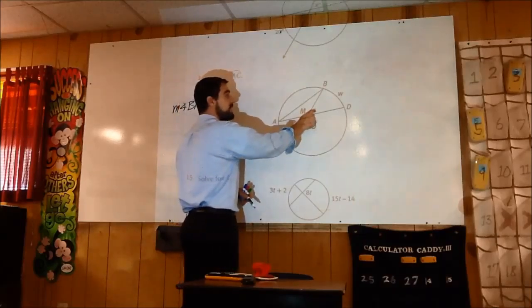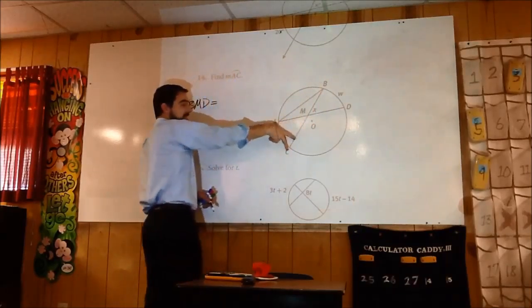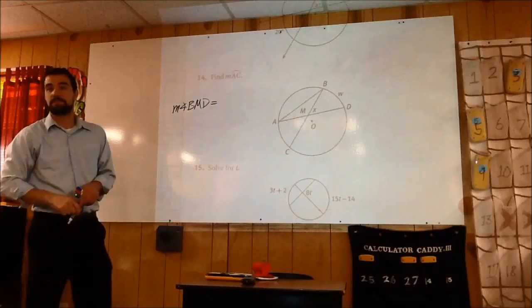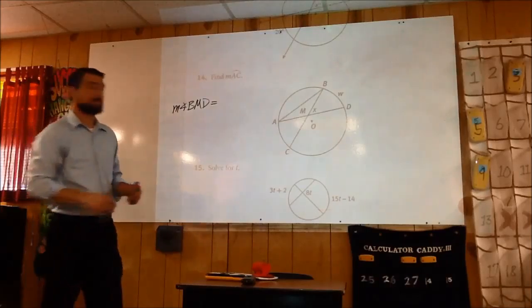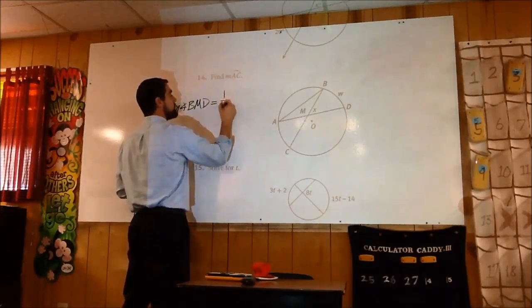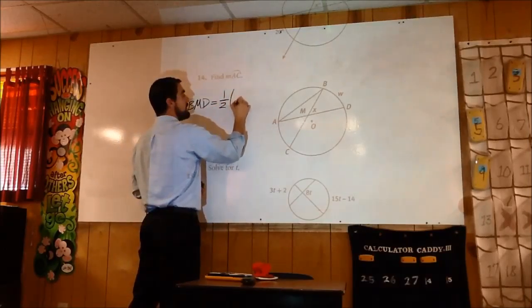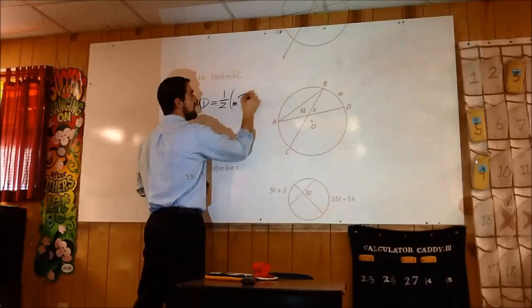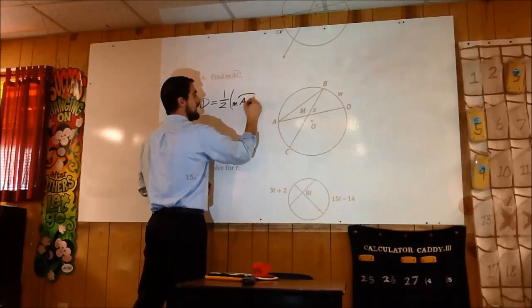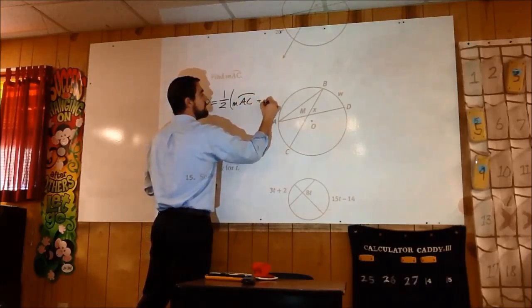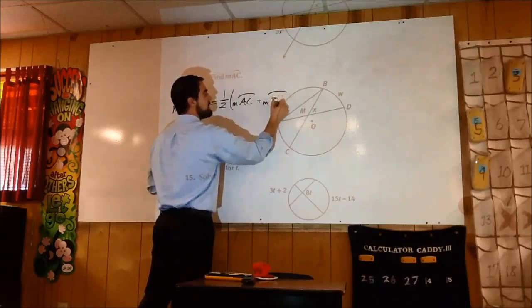So how is this angle related to arc BD and arc AC? 1/2 the sum. So I'm going to write that. This angle measurement is 1/2 the sum of the measure of arc AC plus the measure of arc BD.